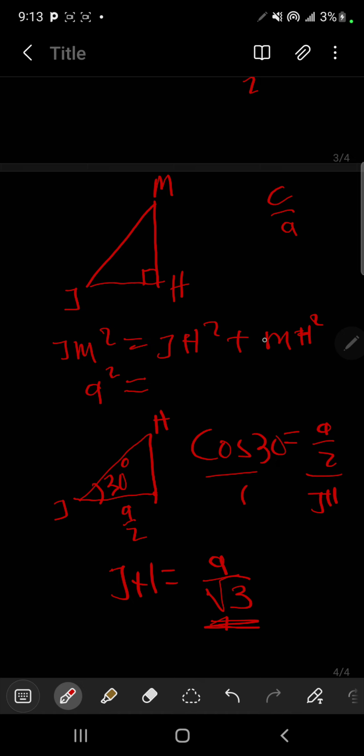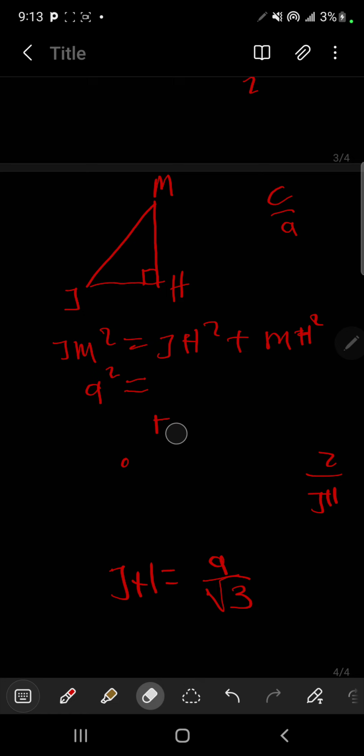Keeping in mind that cosine 30 is just a ratio, and this ratio is square root of 3 over 2. Keeping this in mind, of course. Let me just rub this, I don't really need it.